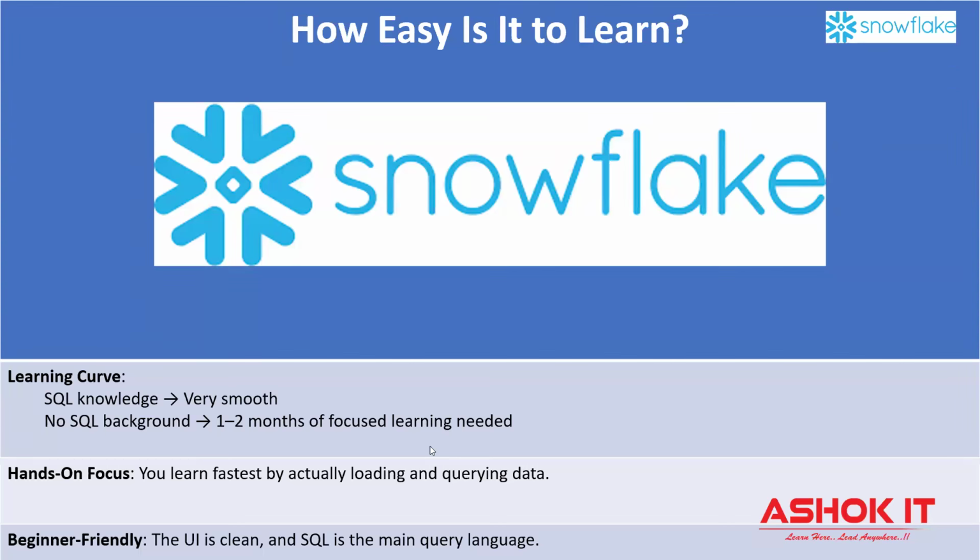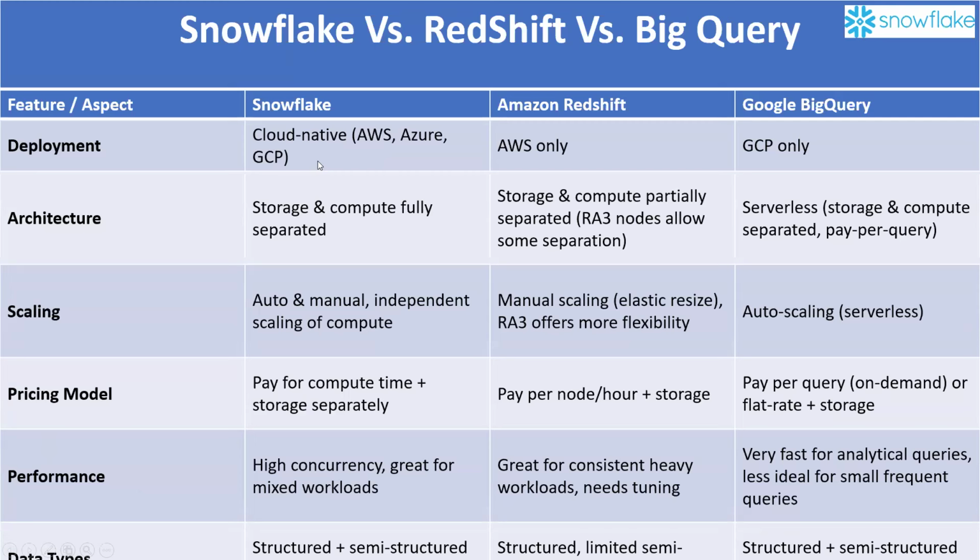So now you can compare Snowflake with Redshift and BigQuery. As I said, Snowflake is cloud native, but Amazon Redshift is AWS only. You can utilize Amazon Redshift as a data warehouse, but it is specifically for AWS. And Google BigQuery is specifically for GCP.